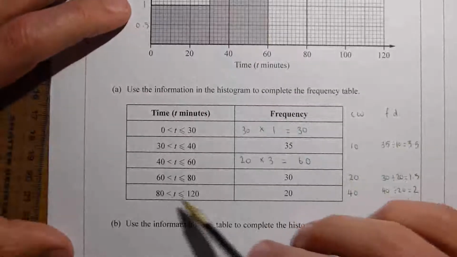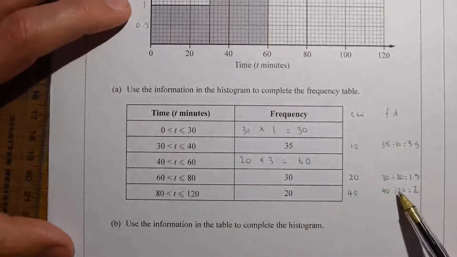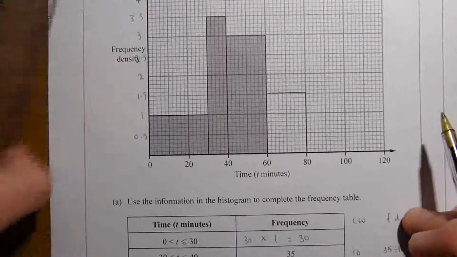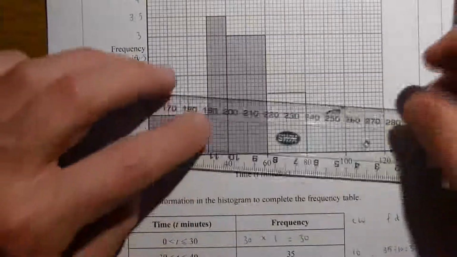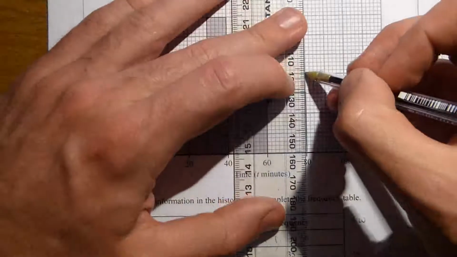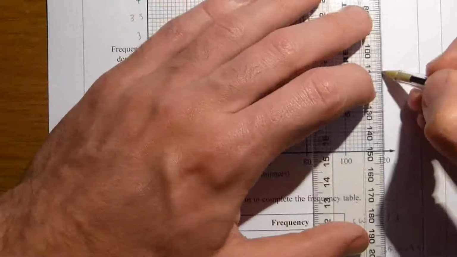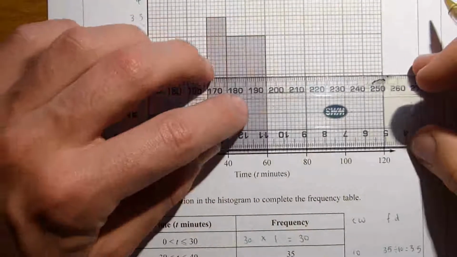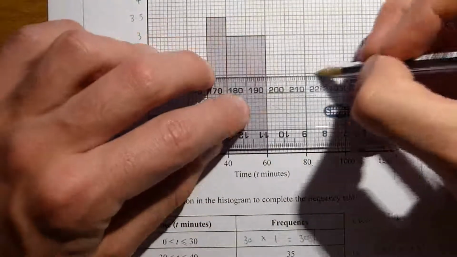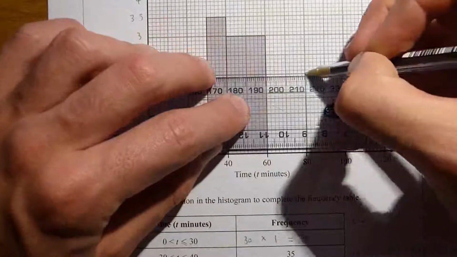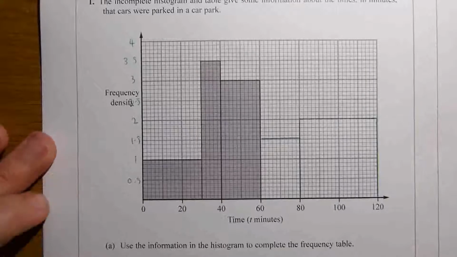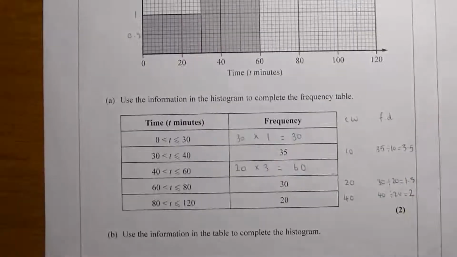And the last bar went from 80 to 120 and had a frequency density of 2. So from 80 to 120, and there is my completed histogram and completed table.